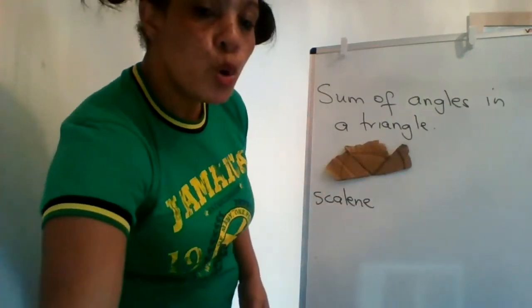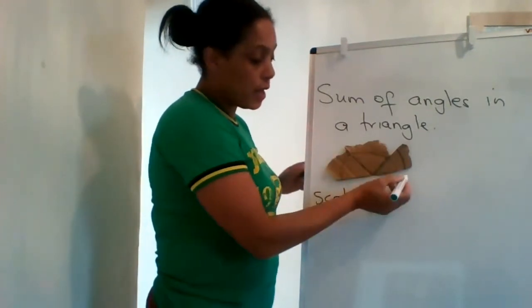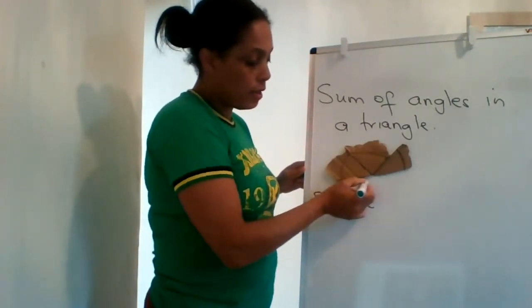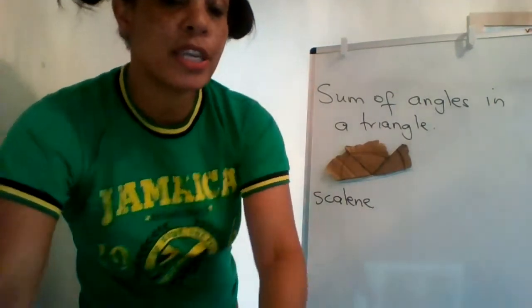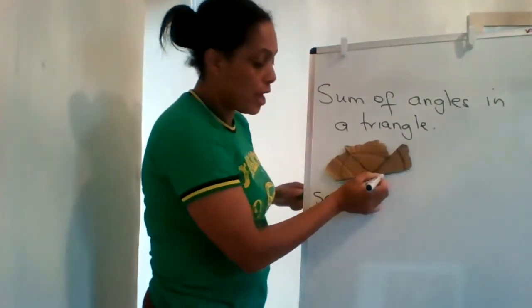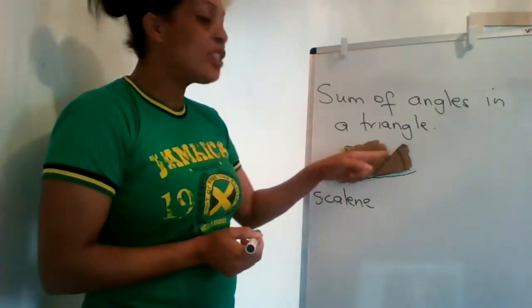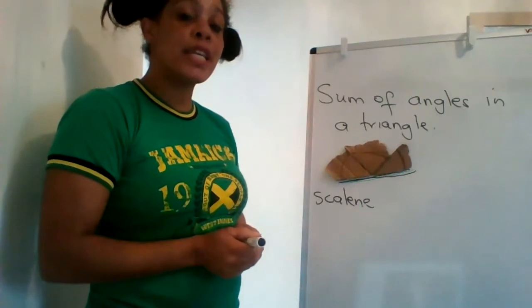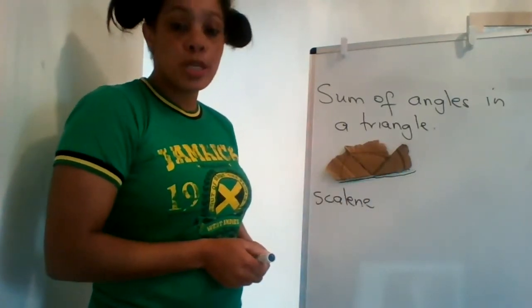What do you notice? Do you notice that when I put all of the three angles together, they make a straight line? Here we have all of the three angles together making a straight line. So that's why angles in a triangle add up to 180 degrees, because a straight line adds up to 180 degrees.